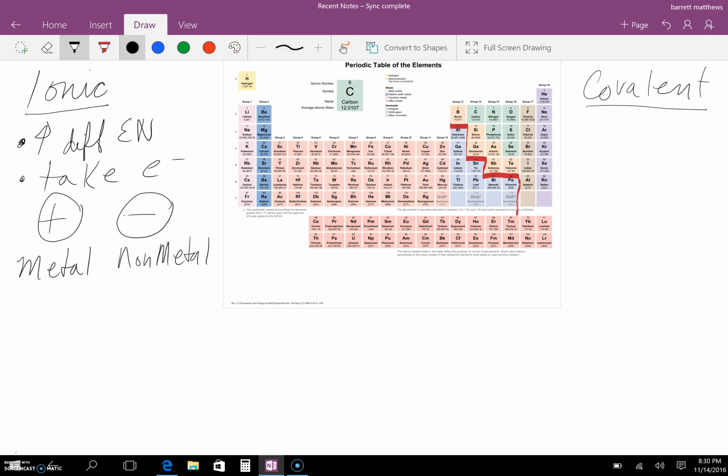Everything to the right over here is going to be a nonmetal, and everything to the left is going to be a metal. So anytime I have an element from the left-hand side with an element from the right-hand side, I have an ionic compound.